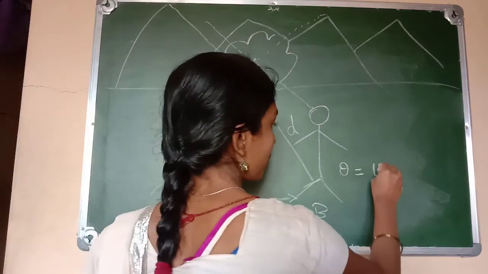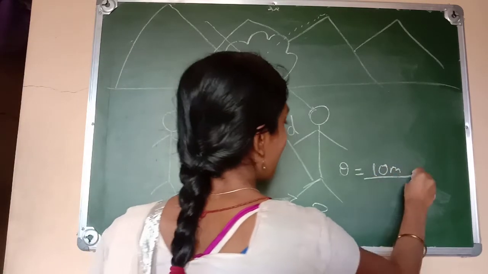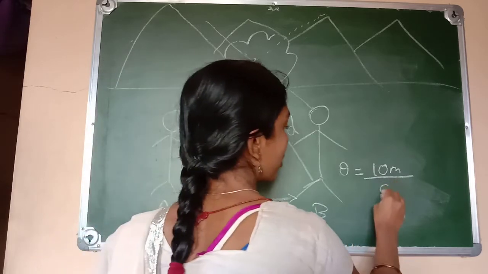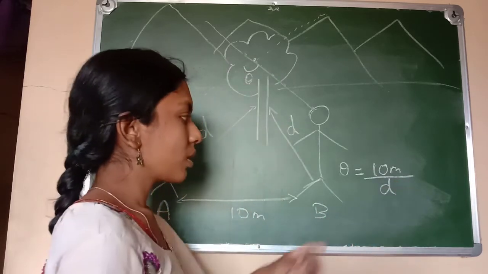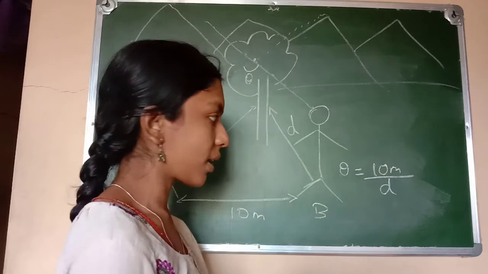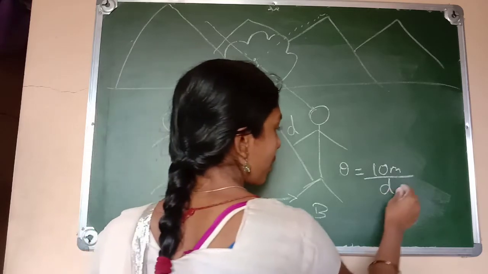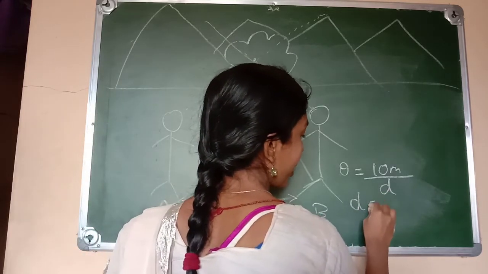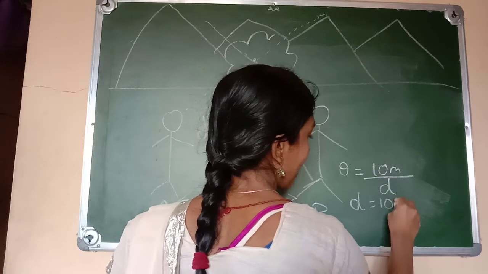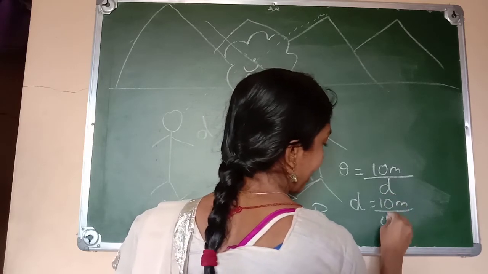So theta is equal to 10 meters divided by this unknown D. This is the planar angle formula. So D is nothing but 10 meters divided by theta in radians.